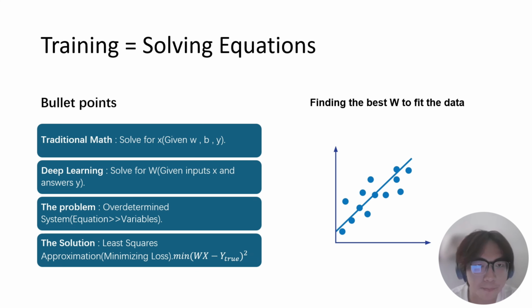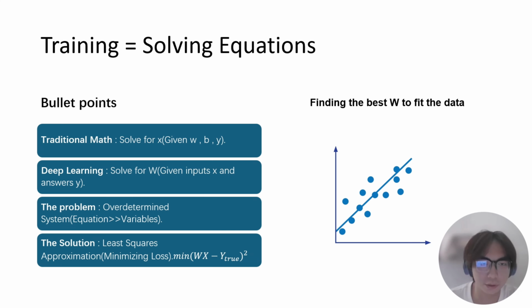However, look at this graph. We have millions of data points, which means millions of equations, but only a limited number of variables. In linear algebra, this is called an overdetermined system. There is no single line that passes through every point perfectly, therefore we cannot find an exact solution.